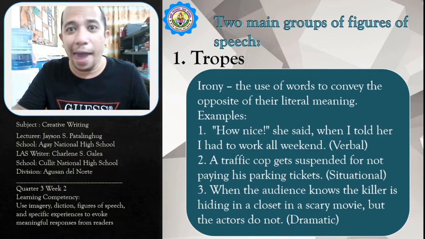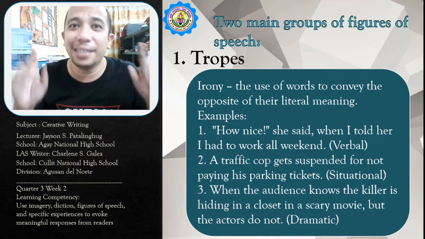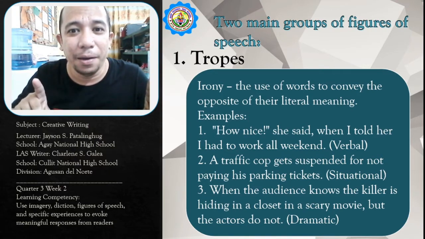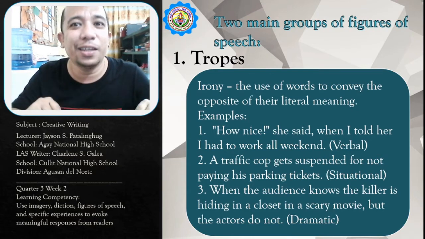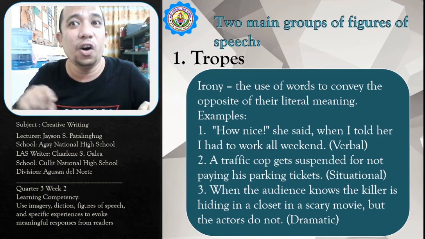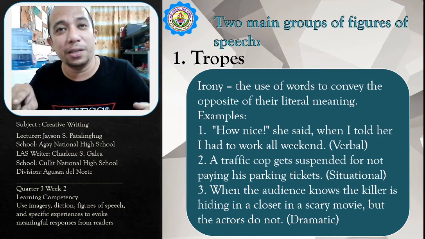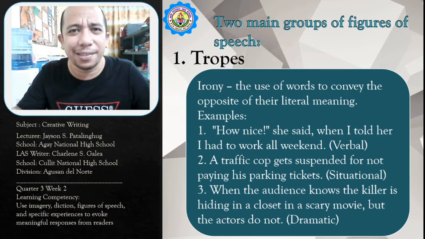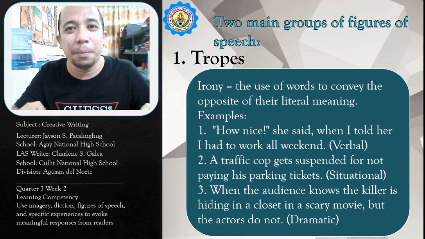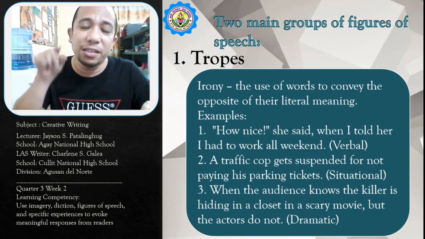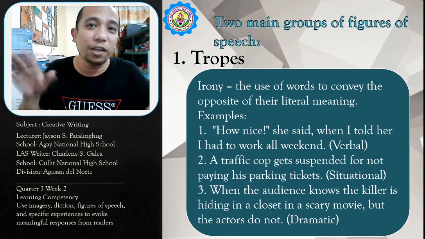Will you be happy or not? Basically, you will not be happy. But the thing that you say, how nice, is basically opposite to what you mean, which is that it's not actually nice. So that is an example of irony, when you mean something different from what you actually say.